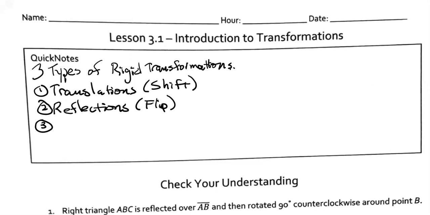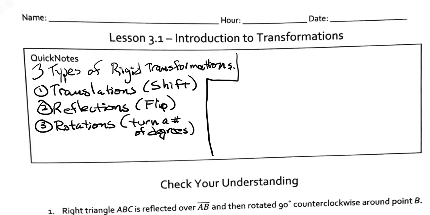And number three, we have rotations. And usually this is just called a turn, a number of degrees. So maybe we'll look at a 90-degree rotation or a 180-degree rotation. All right, so these are our basic rigid transformations, meaning the size or shape isn't going to change.